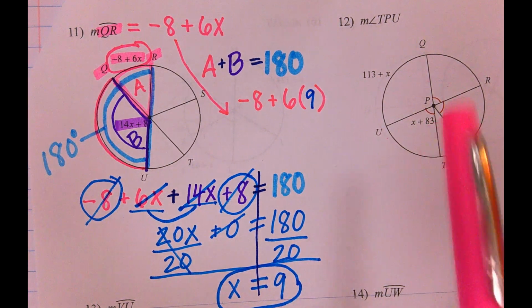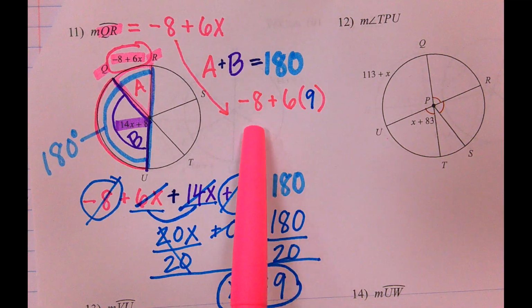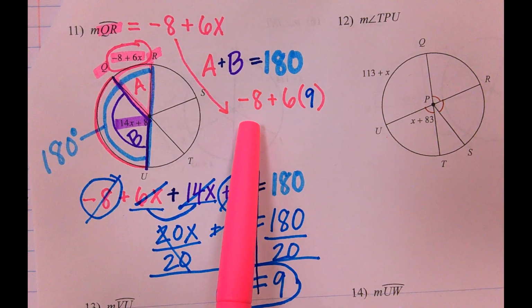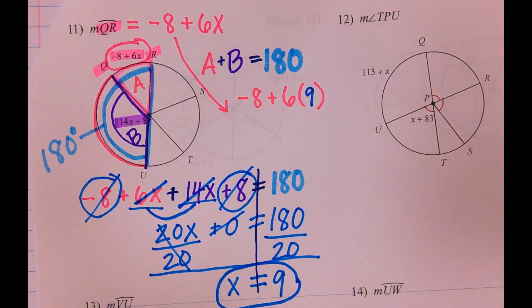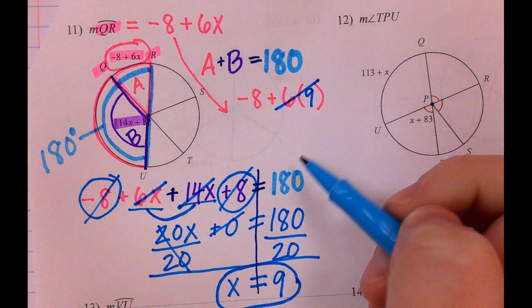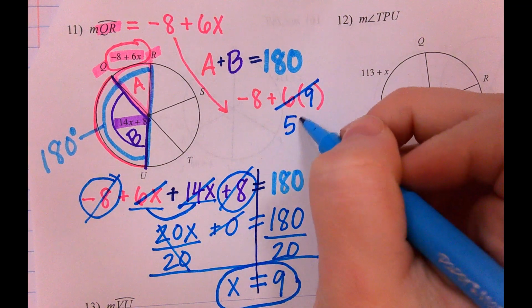So, order of operations, do not add first. Do not do -8 plus 6. We always multiply first. So, let's do 6 times 9. And what do we get? Yes, 54.